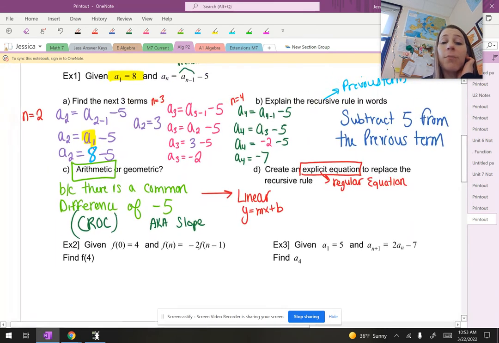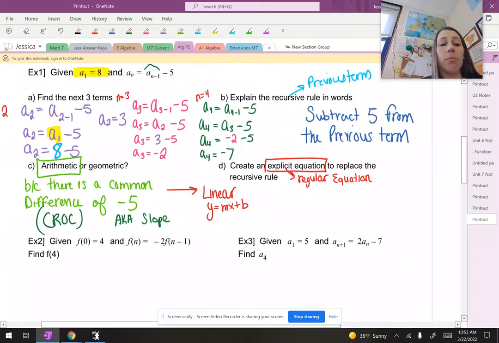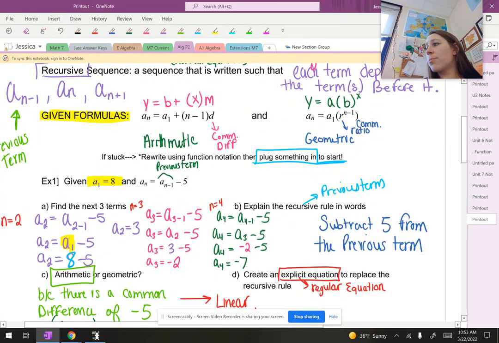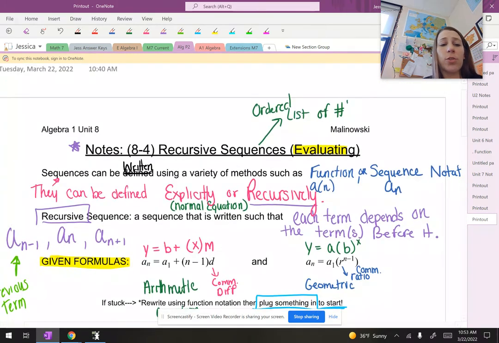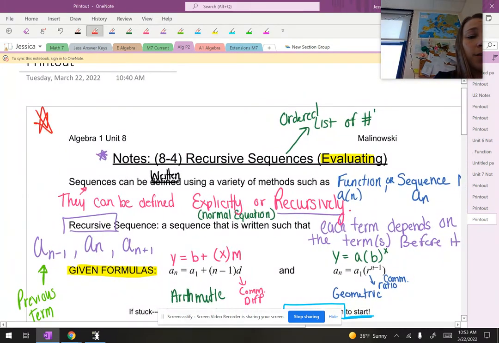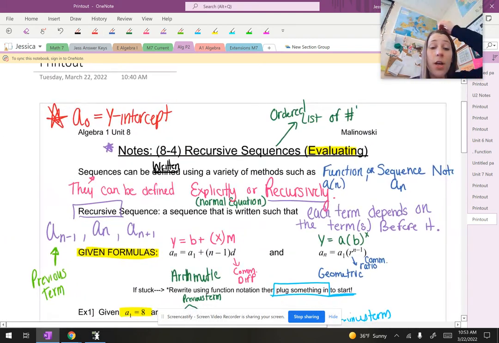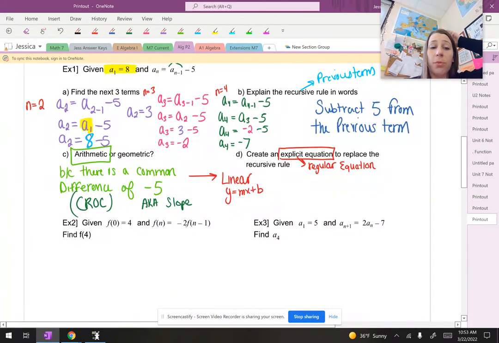But again, remember that y-intercept is not a sub 1. Let's write it at the top. Remember that a sub 0 is your y-intercept, not a sub 1. So we are going to need to do a little backwards work here to find out our a sub 0.